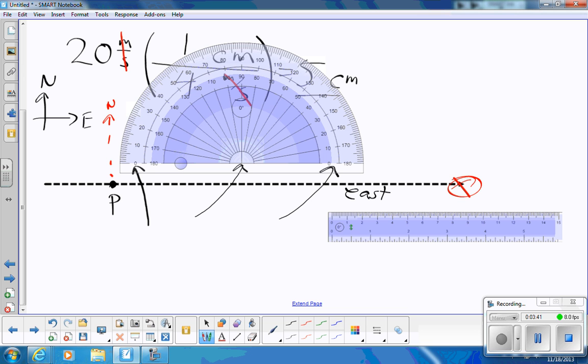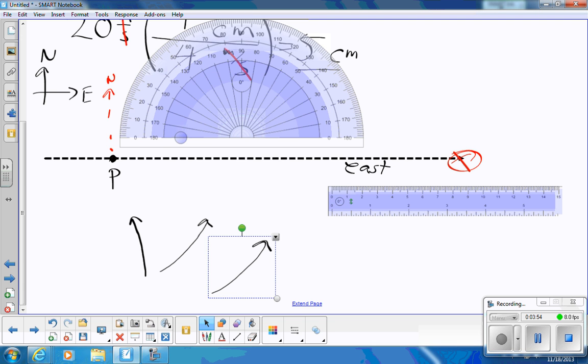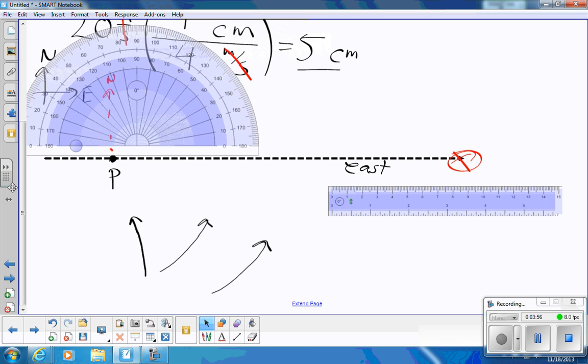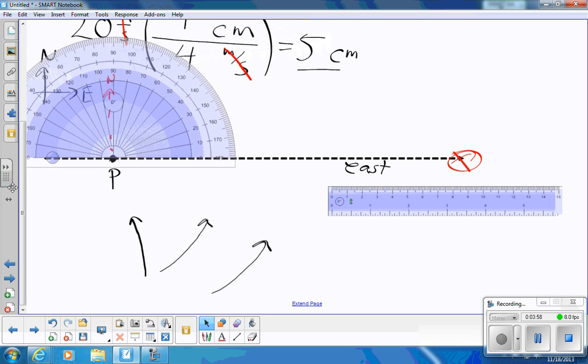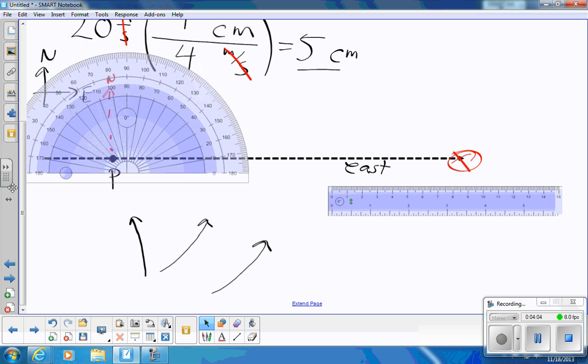Exactly midway between them, you're going to have a point which might be a crosshairs like this. It might be a dot. That's the point that you want to line up with point P. All right, let me get these arrows out of the way. And I'm going to bring the protractor in here so that that dot is right over point P. And I want to make sure that this 0 line is lined up with my reference direction.